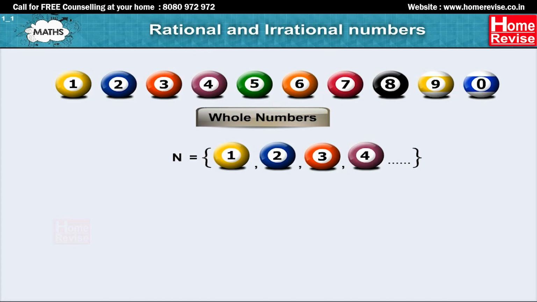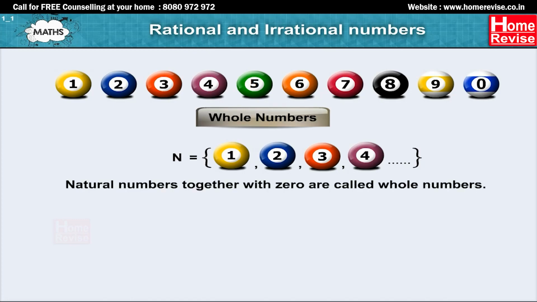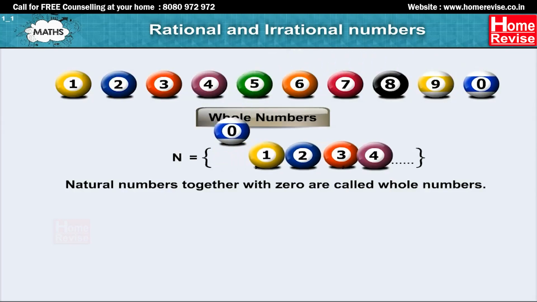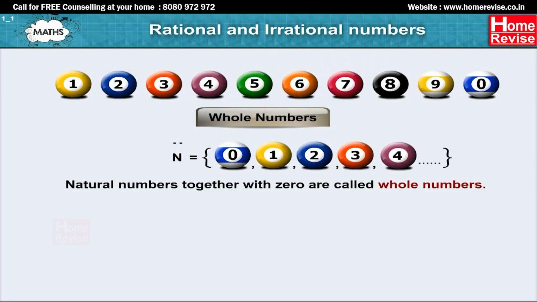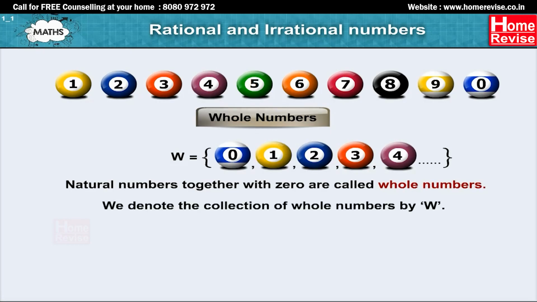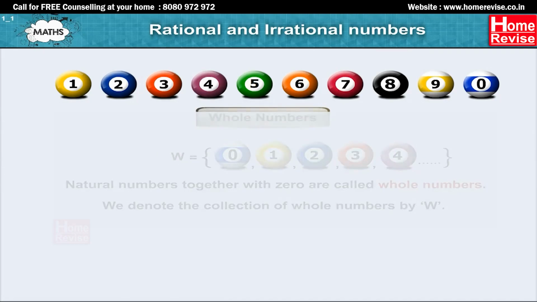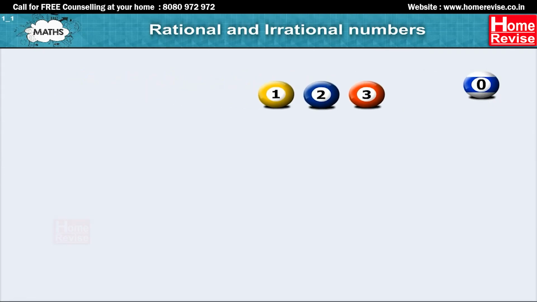Whole numbers. All natural numbers together with 0 are called whole numbers. We denote the collection of whole numbers by W. Now comes integers.